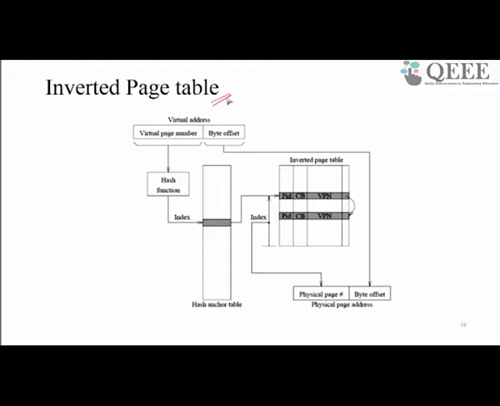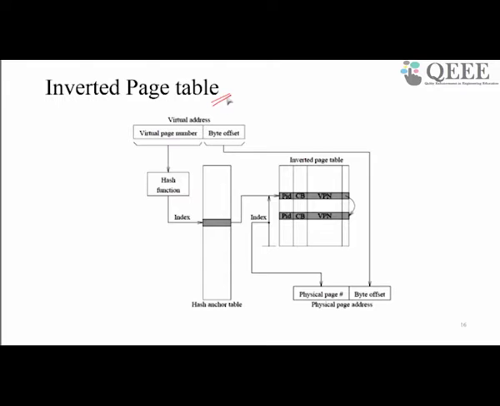So the other way of tackling this issue is to have a table which has one entry for each page frame of the main memory, and therefore the size would be restricted to the number of page frames present in the main memory. So here we store the virtual page number and the page frame address of those pages that are currently residing in the main memory.